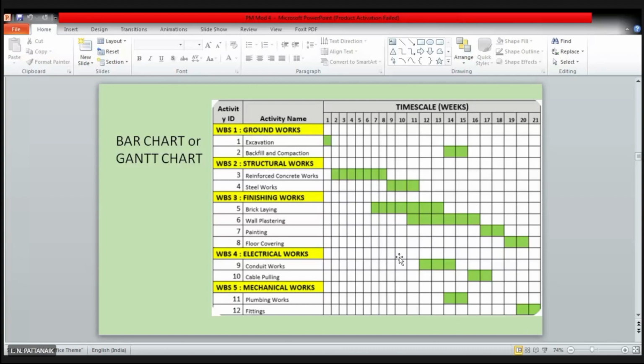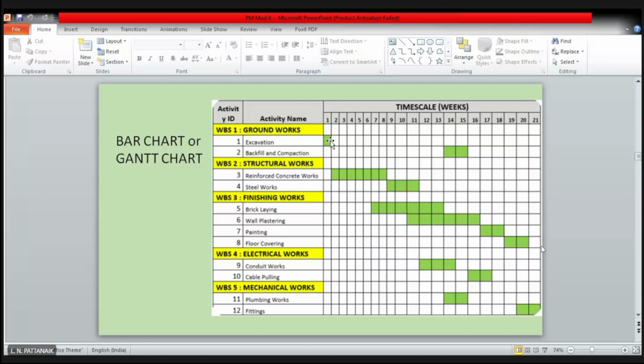So as you can see here, along the row which represents the excavation, it starts from week 0 and is completed after the completion of week 1. So the time scale is in weeks.